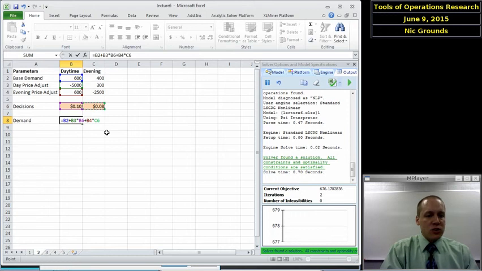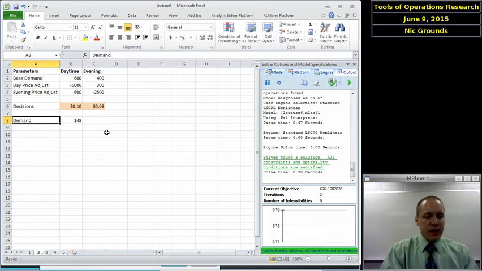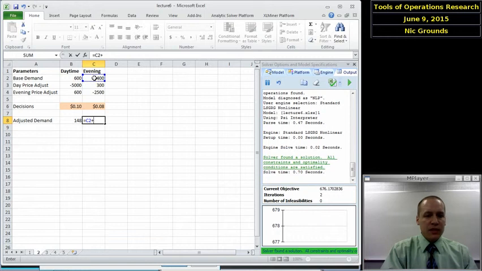Okay, so that's the adjusted demand. Let's call that adjusted demand for daytime, and we can do the same for the evening minutes. So there's the base demand plus the daytime price adjust times the daytime price plus the evening price adjust times the evening price.